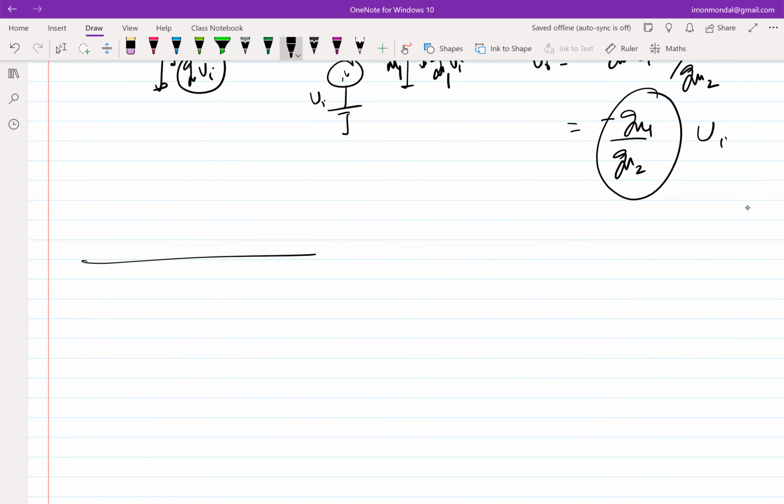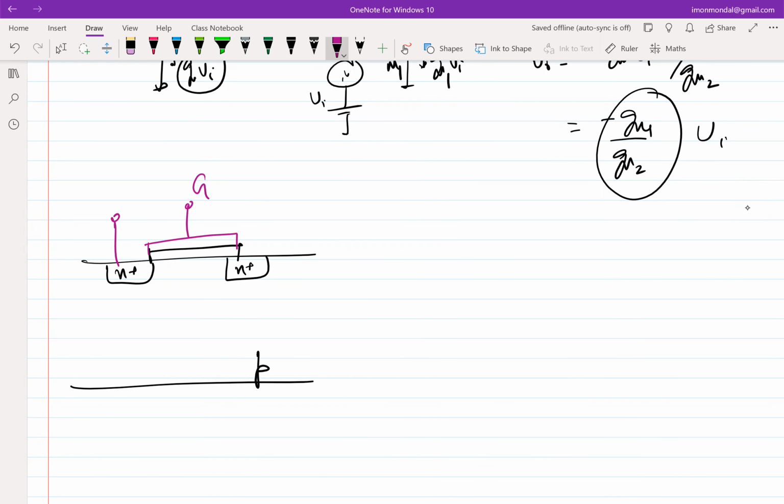So this is your NMOSFET, let's say, this is P-type body. So it's your drain, and this is gate. Let me call this drain and source. When I call this drain and source, I assume that the side I am calling drain is at higher voltage. Okay.